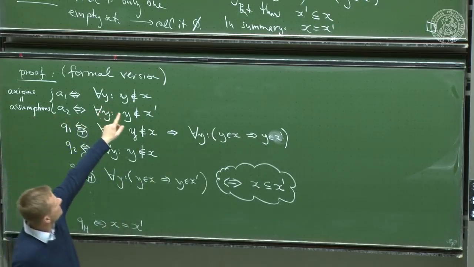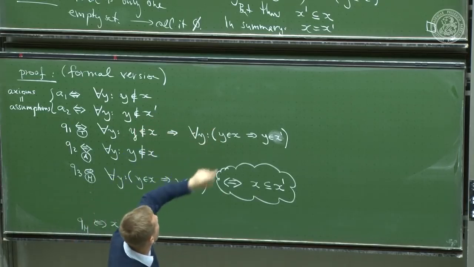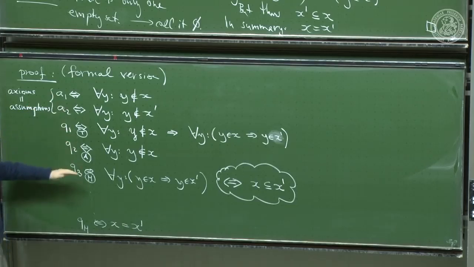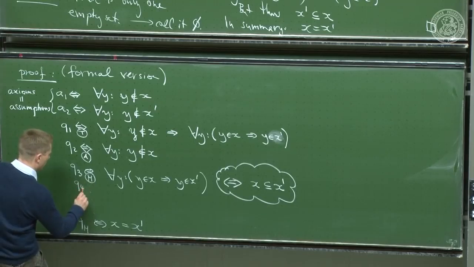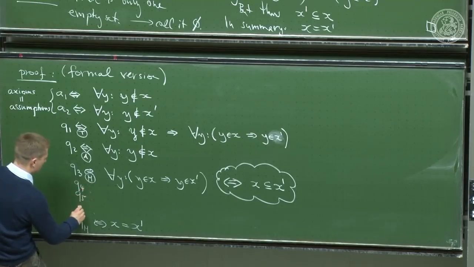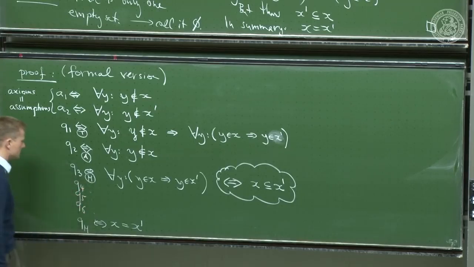And so you see, we arrived there almost in one line. Here we used a number of lines. Well, because this is a formal proof, I shouldn't write similarly, but it's totally clear that you now do steps Q4, Q5, and Q6, which are really similar.